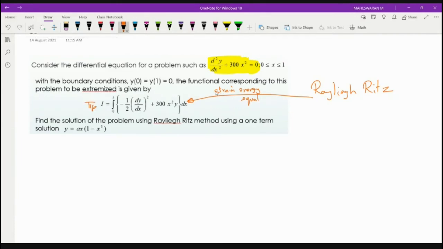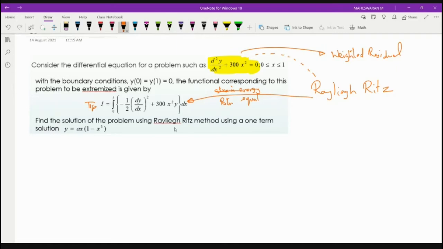It purely depends on this potential energy. So there is no relation between this and this. But this is related to the weighted residual methods, to identify your residual. The same question can be asked for the weighted residual method also.